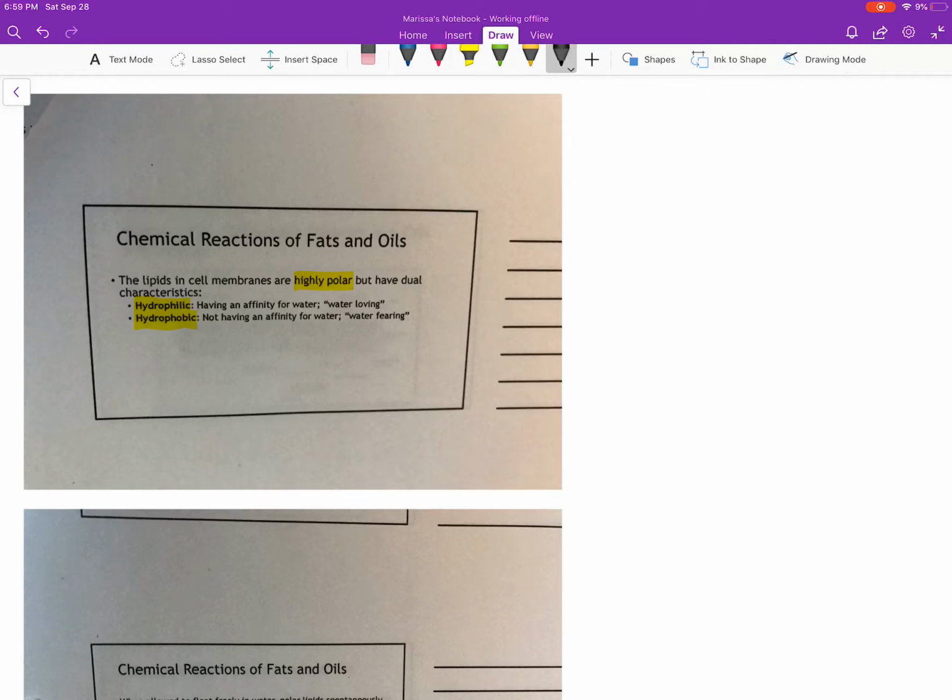So anytime you have philic, we're thinking of loving, and hydro means water. So this is water loving. The other side is hydrophobic, water fearing. It does not have an affinity for water. And so lipids are going to have this dual characteristic, but it's not without purpose. It's with great purpose that they are dual natured.